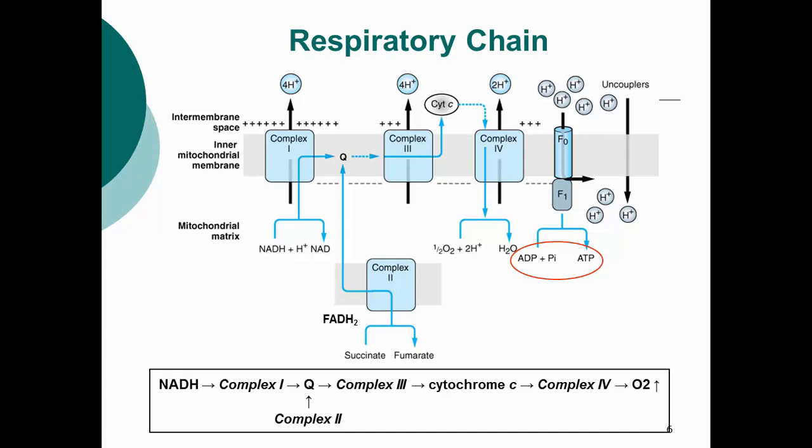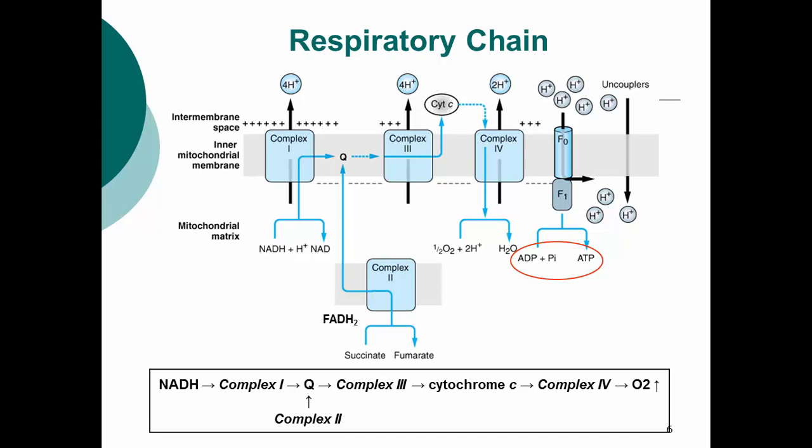And complex 2 again is localized in the matrix, right? It is not able to generate the proton gradient. So if the reducing equivalent molecule transports electrons to complex 2, it will not generate the energy, right?